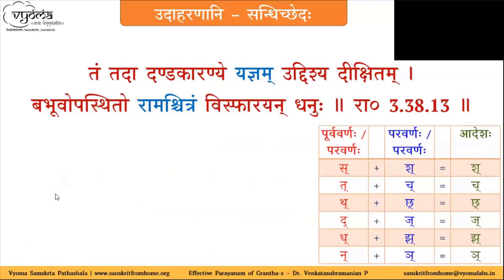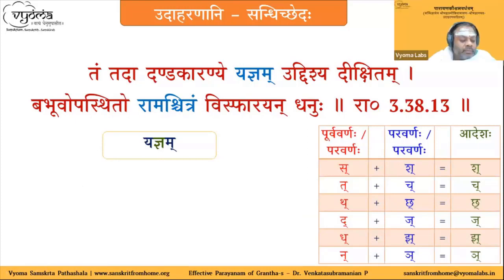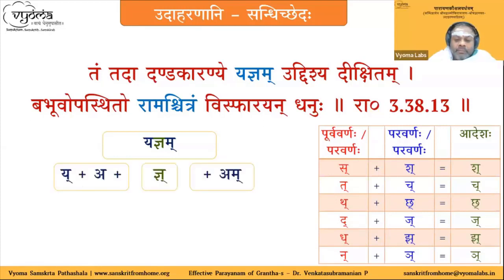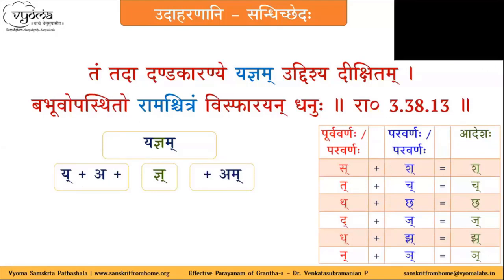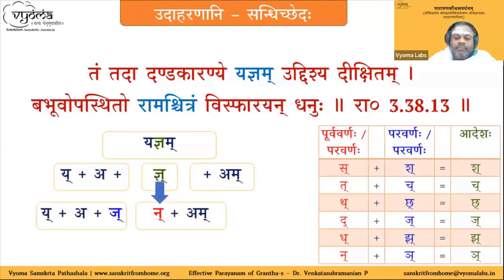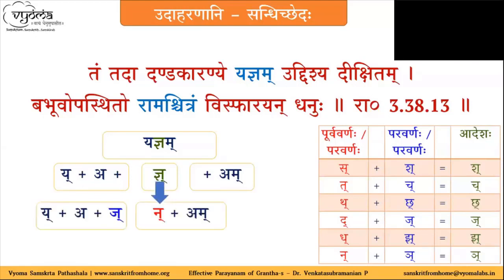In the first, yajnam, the possibility of sandhi is where gna is. That gna is a sanyukta aksharam, so it gets split into ja and nya. So nya is the adesha, so its sthani has to be na. So the words will be yaj and nam.